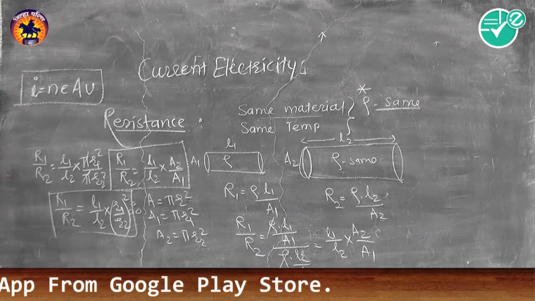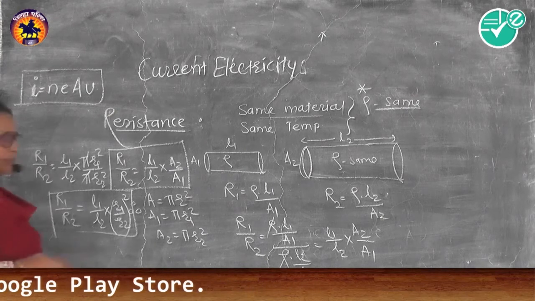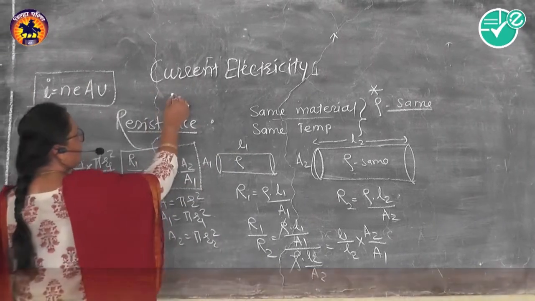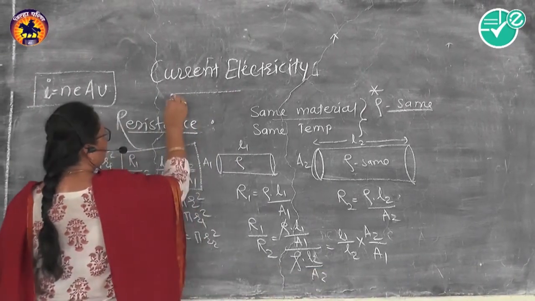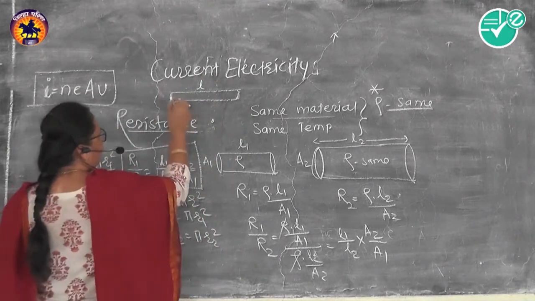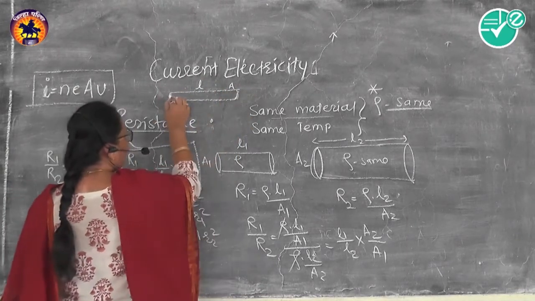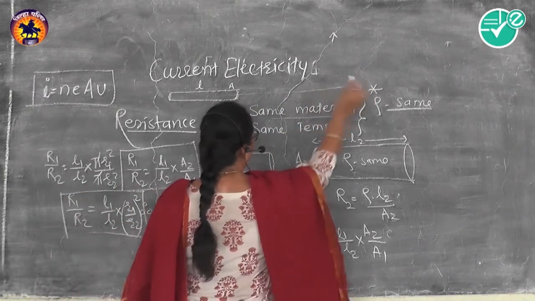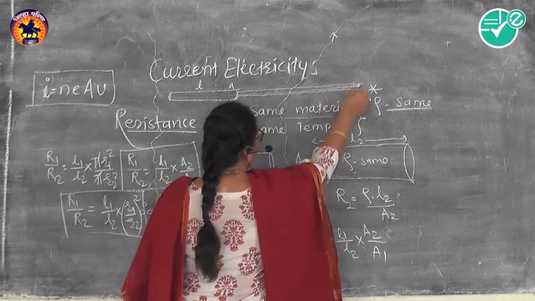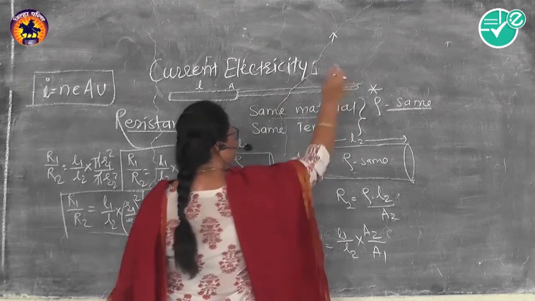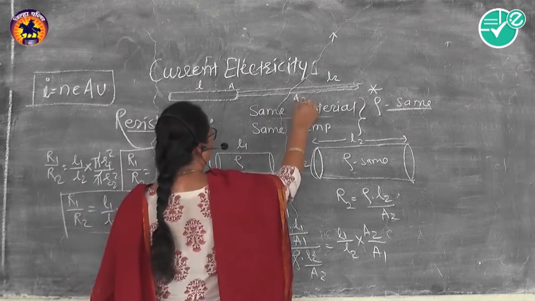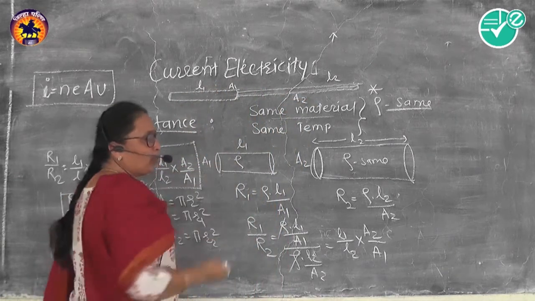And now another thing we have to consider: the second condition is if we stretch that resistance wire. Suppose this wire has length L and area of cross section A, and if we stretch the same wire, now its length is increased, it will be L2 and its area of cross section will be A2, and that A2 is decreased.